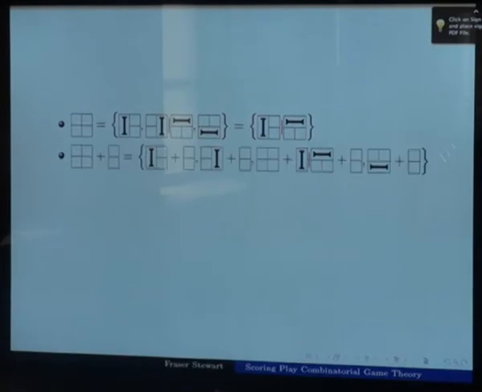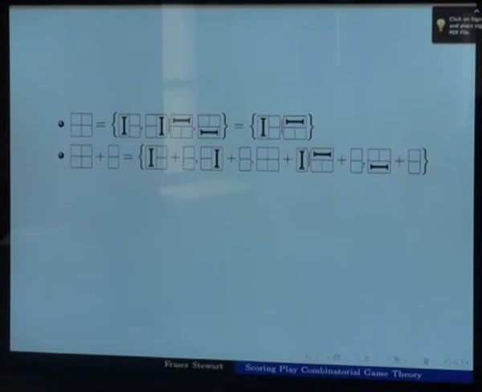For the disjunctive sum, it looks a little bit like this. If we play the disjunctive sum of a square board with a single strip, then on Left's turn you can either make a move on the square piece or on the vertical strip. Right can only move on the square piece, because there are no horizontal strips that are two squares long.